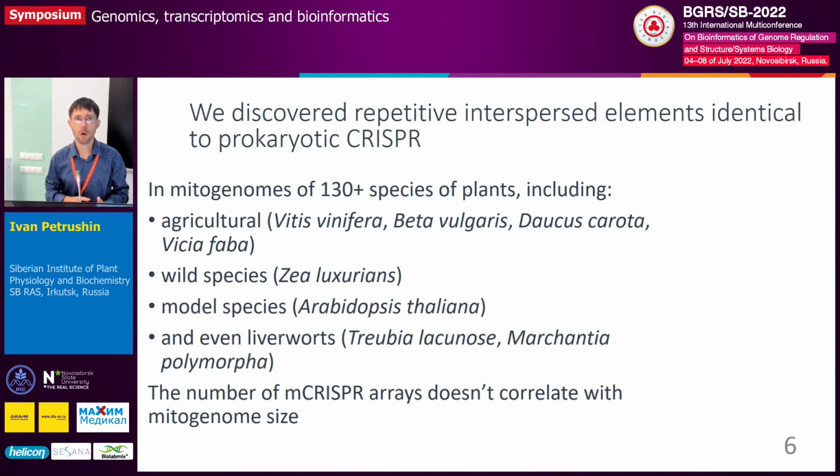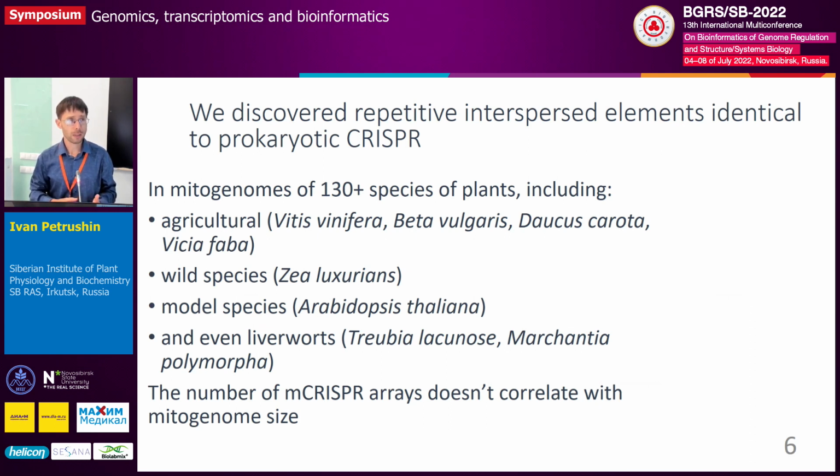We studied more than 200 mitochondrial genomes of higher plants, and in 130 of them we found CRISPR arrays. These species include agricultural, wild, and model species, and even liverworts.